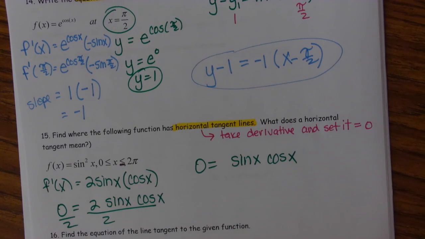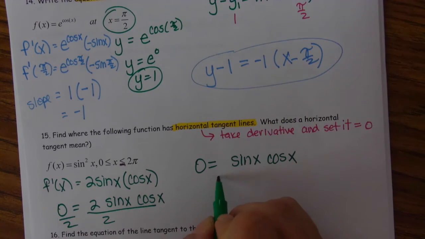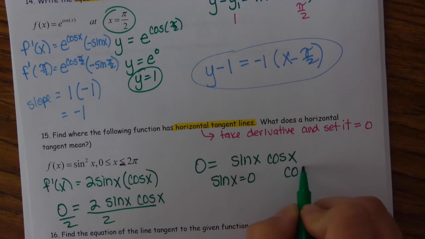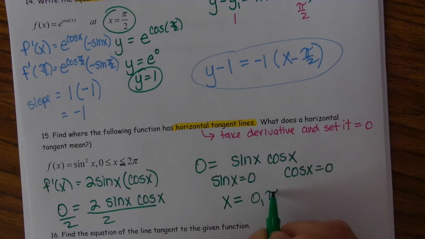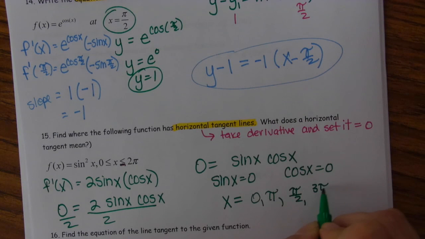So we're going to set each one equal to 0. So we're going to say sine x equals 0, cosine x equals 0. And this we have to pull out of our brain because we have this memorized. Where is sine 0? At 0 and pi. And where is cosine 0? Pi over 2, 3 pi over 2, right?